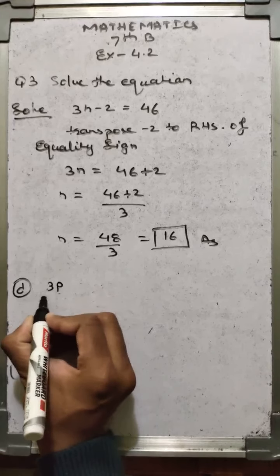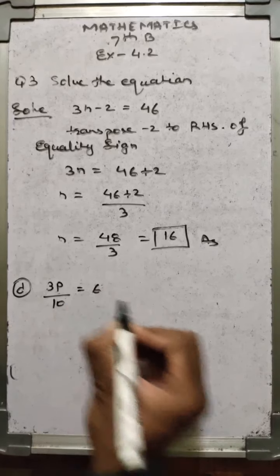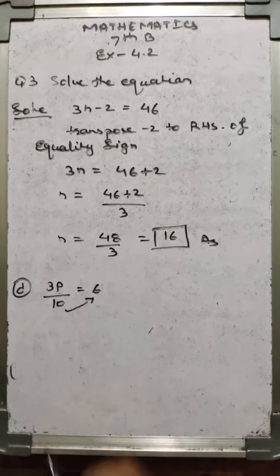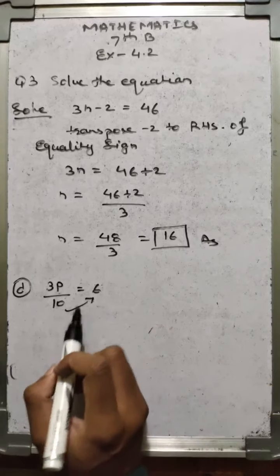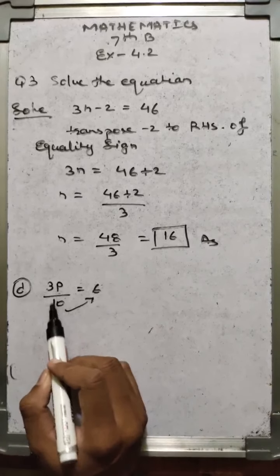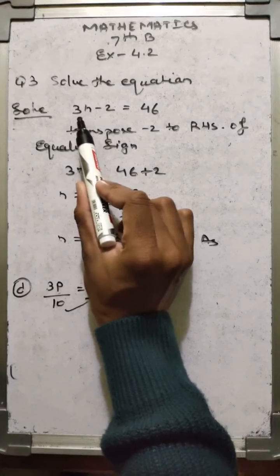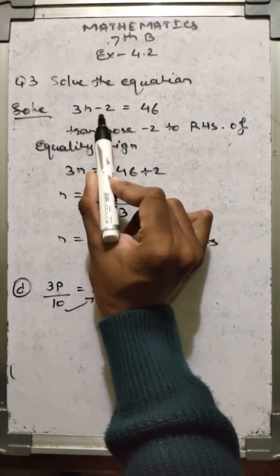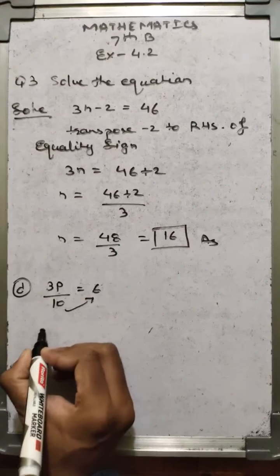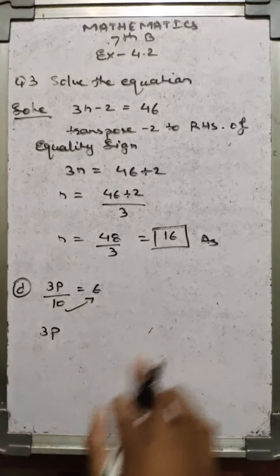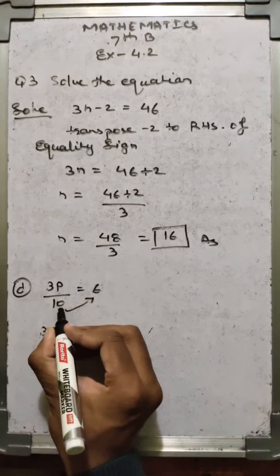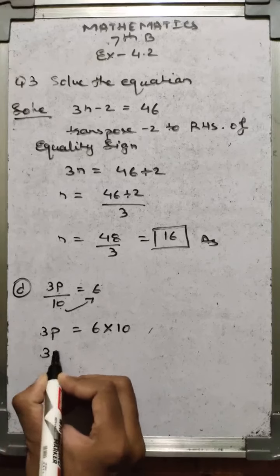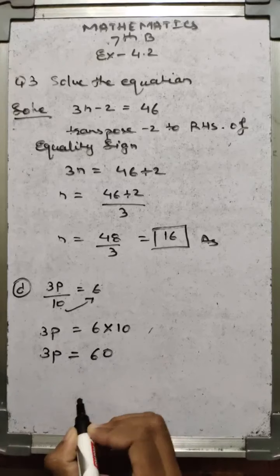So 3p upon tan is equal to 6. Now the first step, solve this. Do not directly solve this 3p. See what we did here, we didn't solve 3n directly, we first solved minus 2. Similarly 3p, okay, 3p is equal to, this will become 6 into tan, so 3p will be equal to 60.